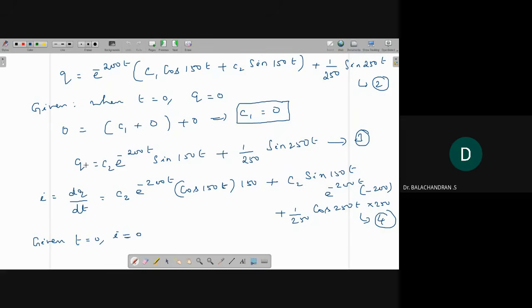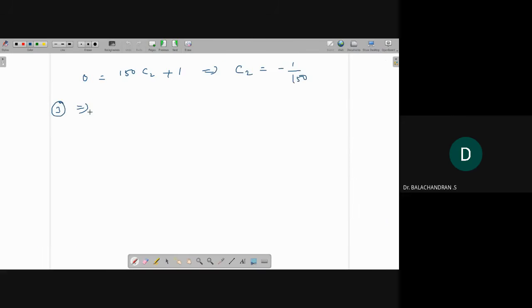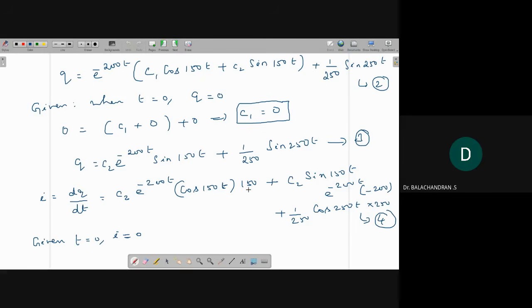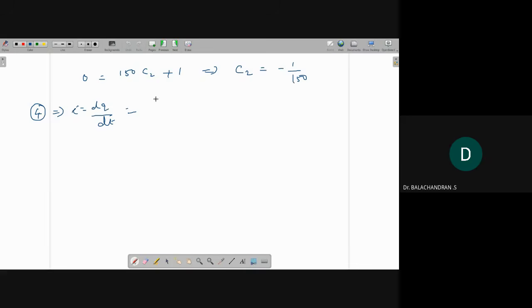Once you substitute here, next you need to differentiate again. So instead of 3, I will choose 4. I need current, so I equal to dq by dt equal to, C2 is minus 1 by 150.